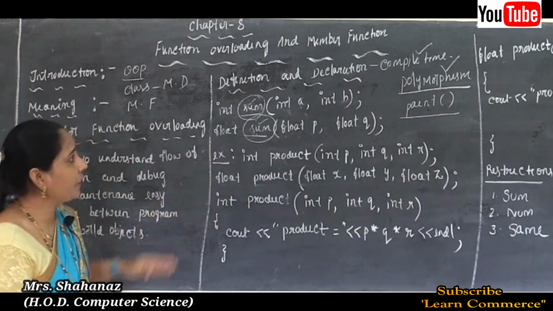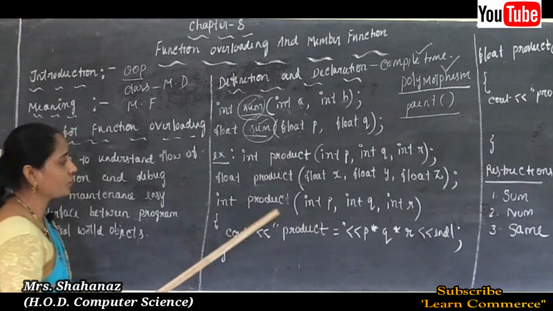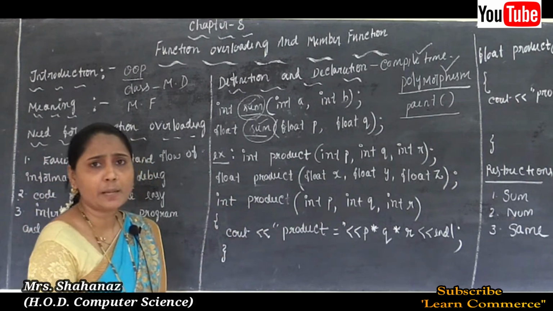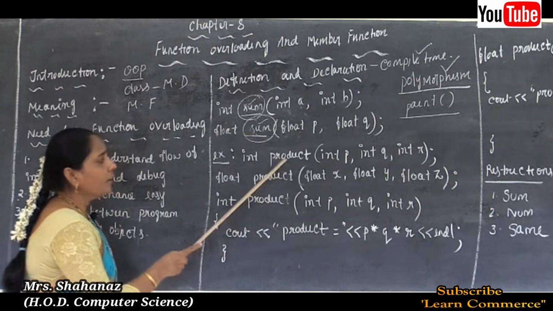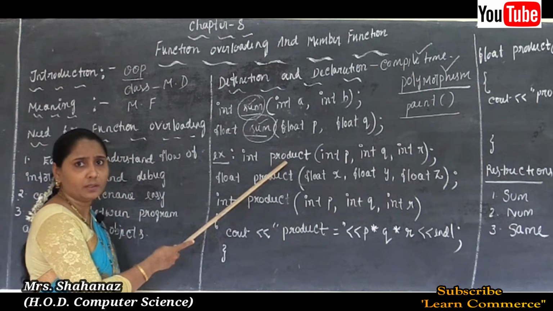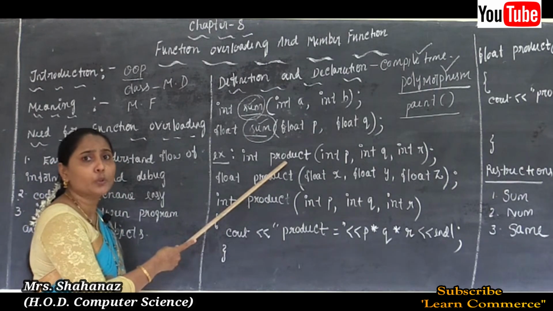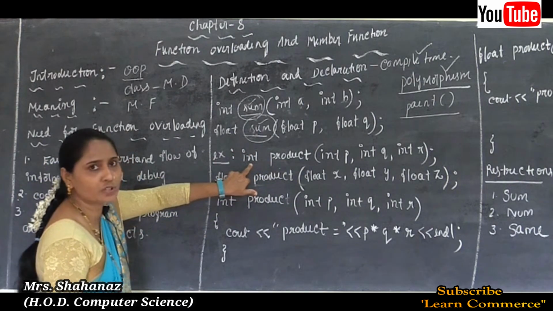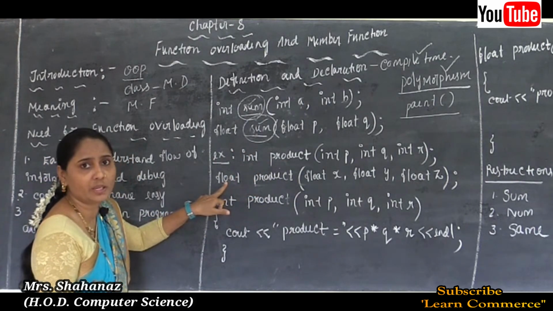So this is the example of function overloading. Now in this example, the product function is overloaded 2 times, correct? Yes, 2 versions are there, one using int and the second using float.